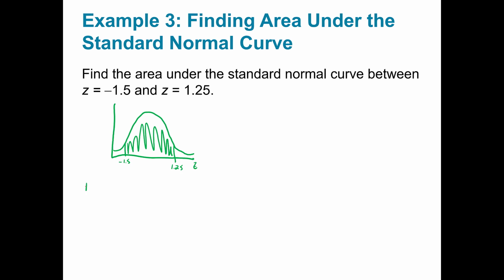So the probability z is between negative 1.5 and 1.25: we look up 1.25 on the table and get an area of 0.8944. Then subtract off the area to the left of negative 1.50. We look up negative 1.50 on our z-score table, and we get 0.0668, and that's what we're going to subtract. When we do that, we end up getting an area of 0.8276.